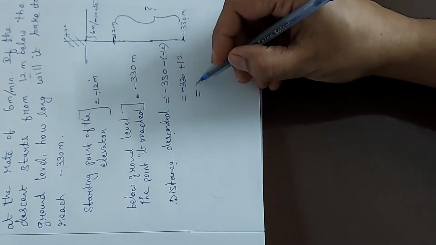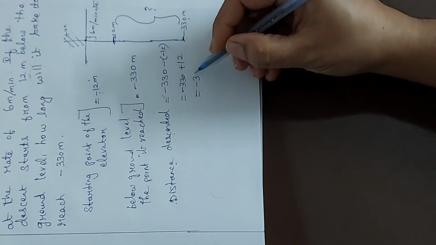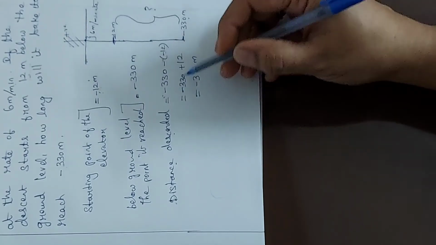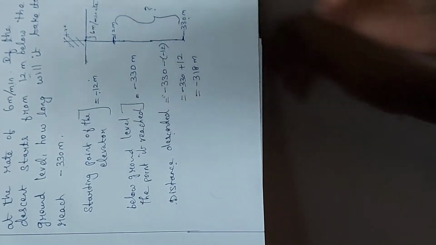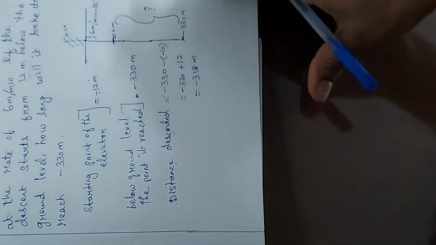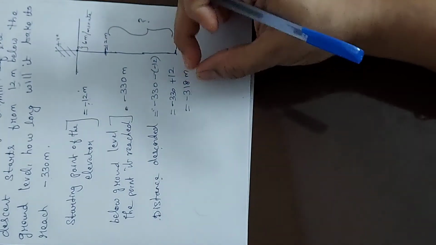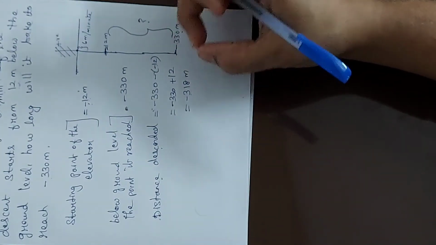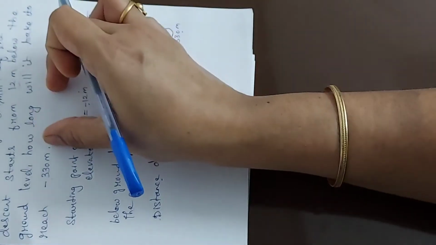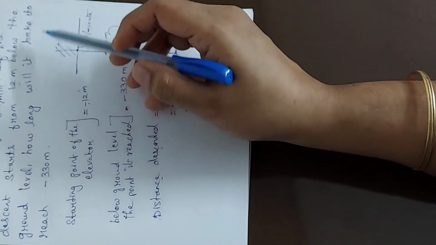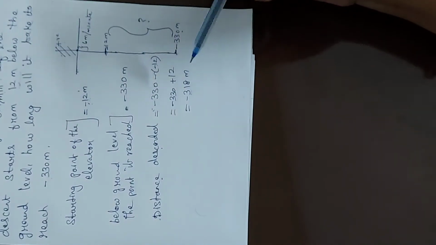So you will get minus 318 meters. 12 from 330 is 318, right? So it has descended 318 meters below. For this 318 meters only we have to calculate the time, that is how long it has taken to cover the distance of 318 meters, not for 330 meters.